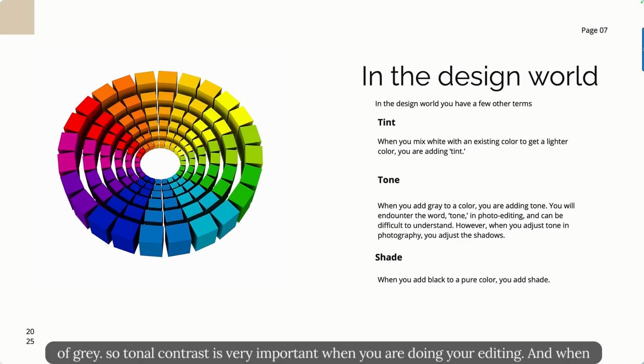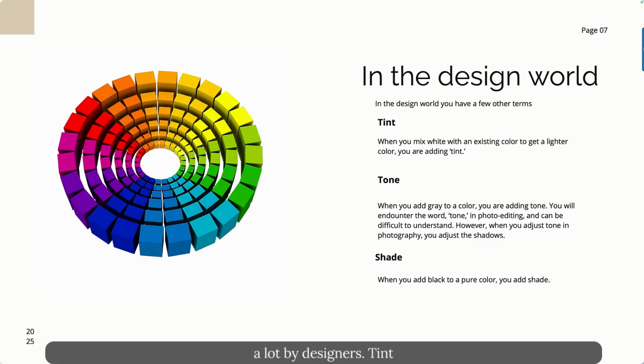So tonal contrast is very important when you are editing. And when you add black to a pure color, you add shade. So tint, tone, and shade are used a lot by designers.